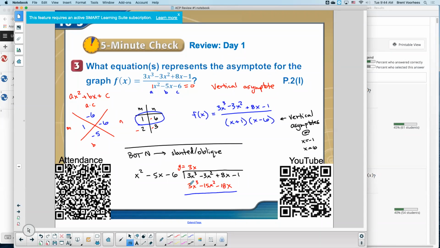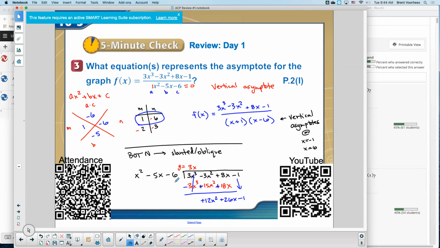We switch the signs all the way across. When you do long division, you have to switch the signs. So this drops out. This becomes a positive 12x squared, and this becomes a positive 26x, and then you drop the 1, the negative 1 rather.